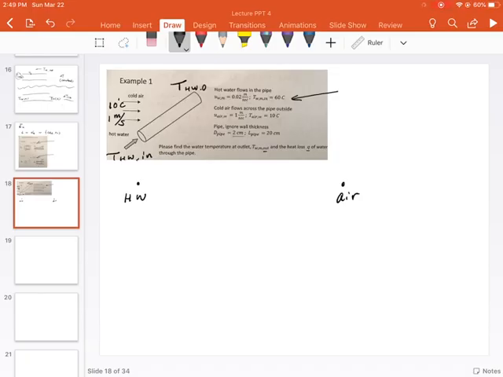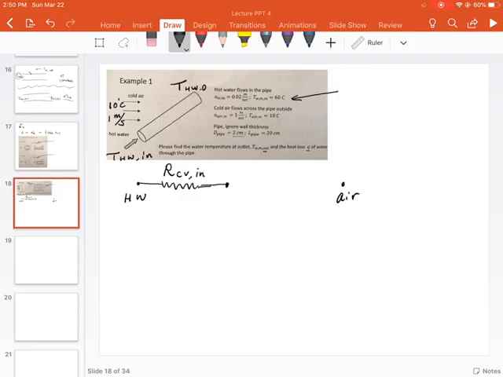It will go through a few processes. It will transfer from the hot water to the pipe through convection. I just write the resistor directly instead of saying convection. So it is the thermal resistance of the convection inside the pipe.